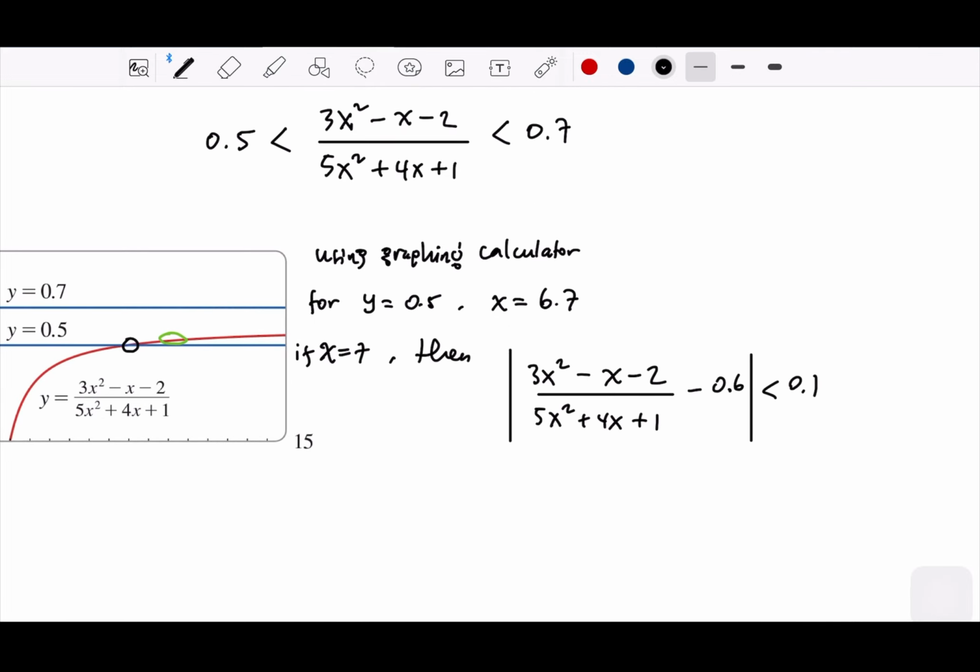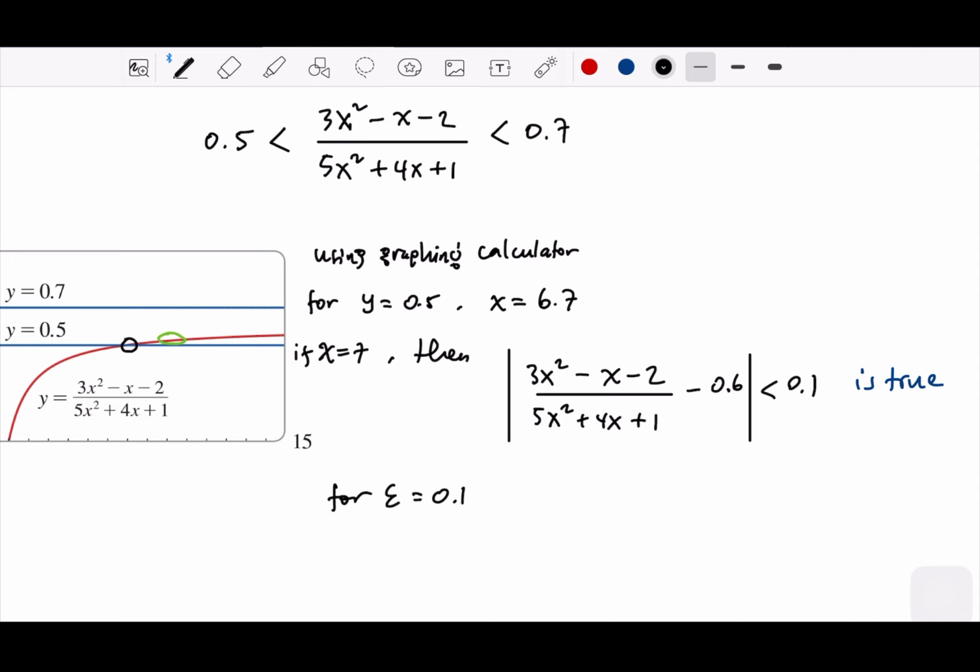So when we have x equals 7, this equation is true. In other words, for epsilon 0.1, as we assumed from the beginning, we can choose N equals 7 or any larger number.